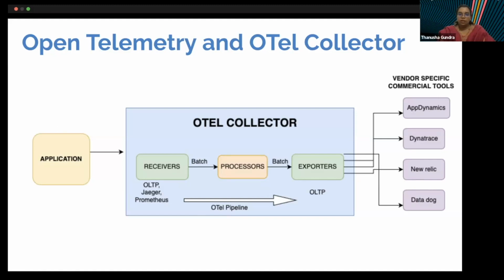This processing will add metadata, aggregate the metrics, and then provide the sampled trace data to the exporters. So when this is passed to the exporters, they will send the telemetry data to various backend systems like Prometheus and Jaeger, etc. So we can see the same thing in this picture.